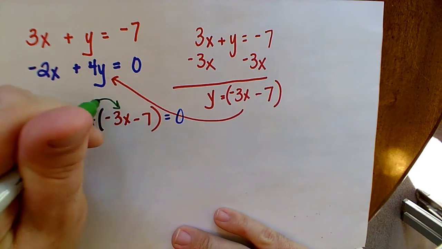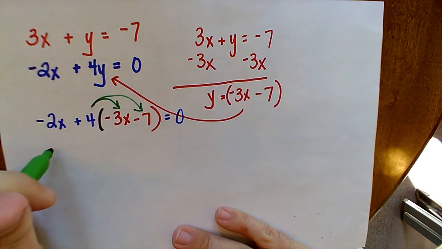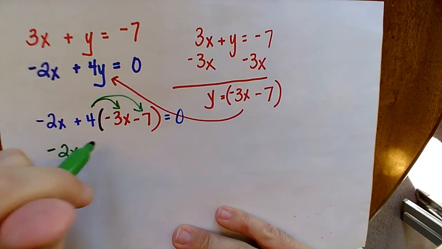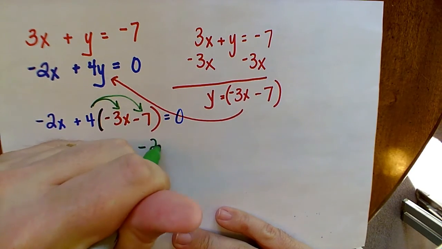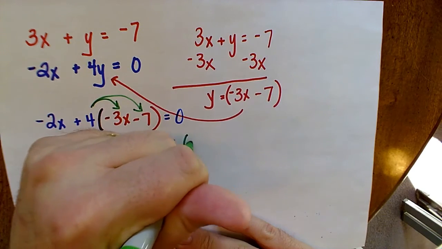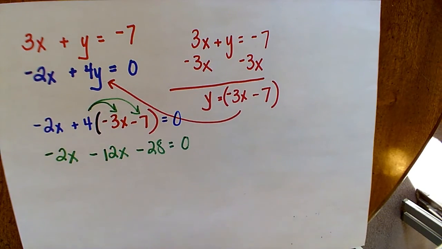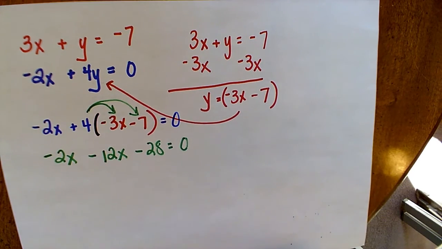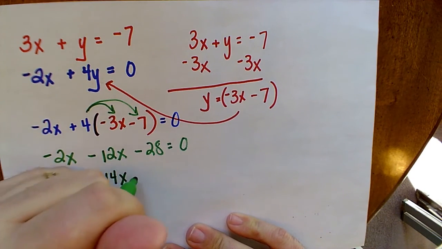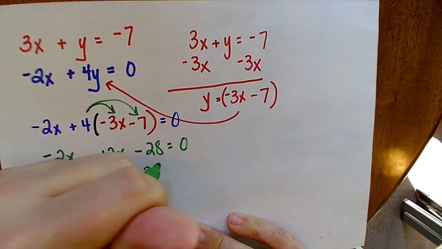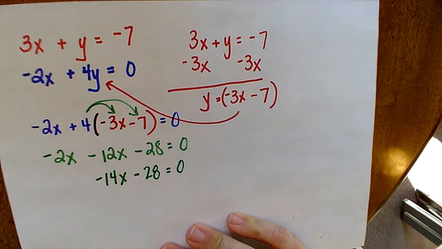Distribute. Negative 2x minus 12x minus 28 equals 0. Negative 2x minus 12x is going to be minus 14x minus 28 equals 0.